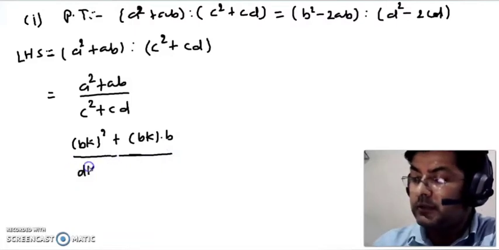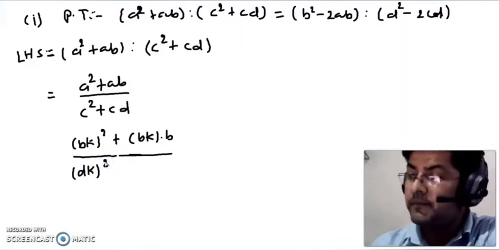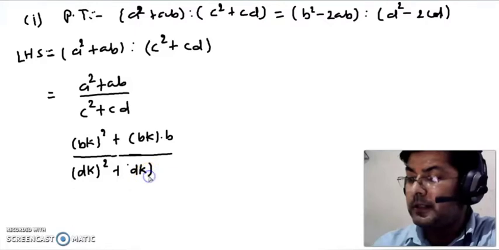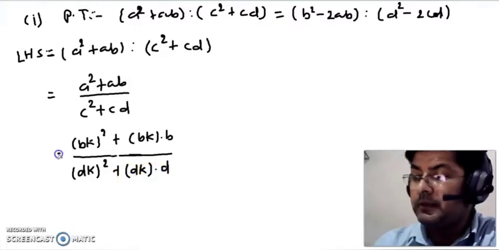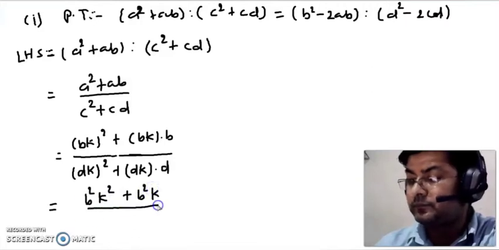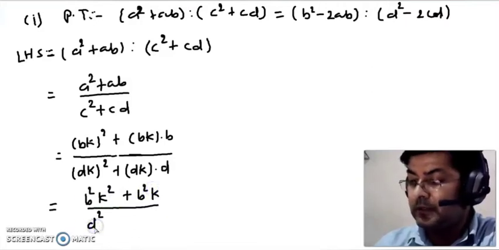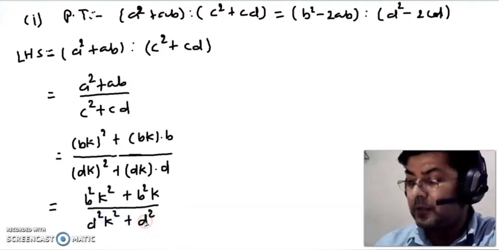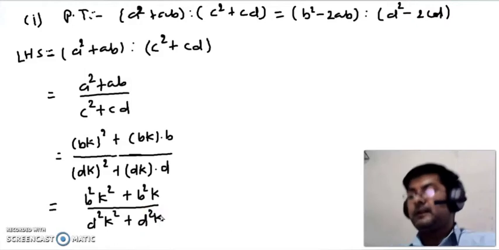So dk the whole square plus dk into d, is equal to b square k square plus b square k upon d square k square plus d square k.